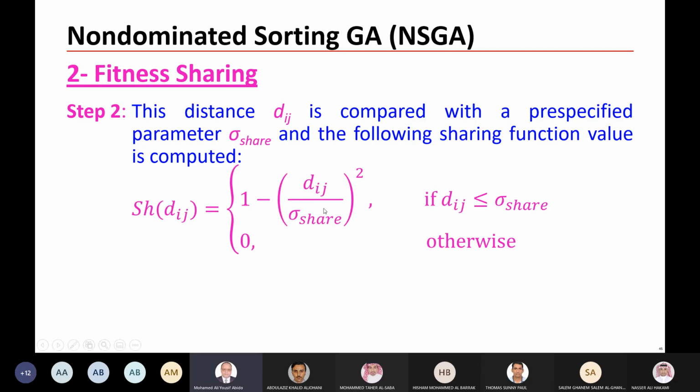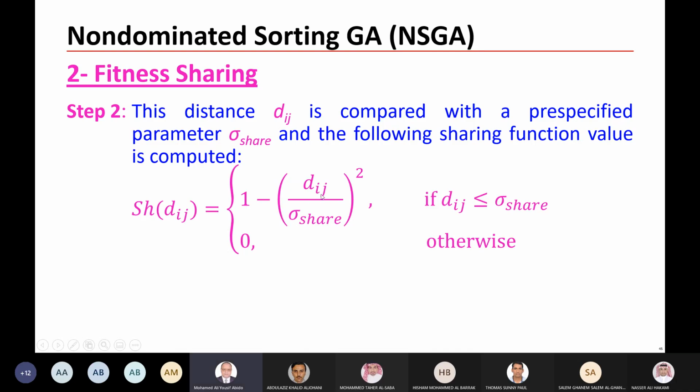This is done for all the solutions. What is the minimum value of the sharing of d_ij?